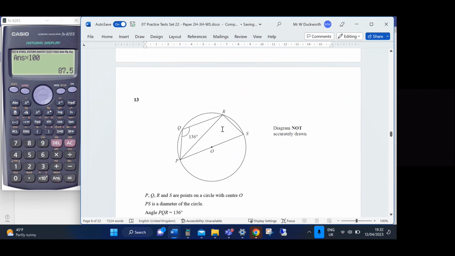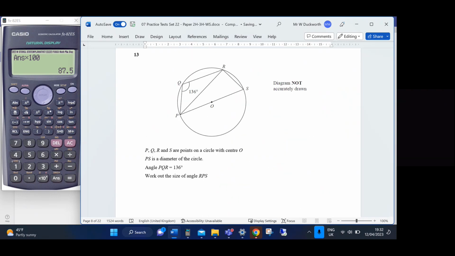Okay, question 13 then. We've got P, Q, R, and S are points on a circle with center O. PS is the diameter of the circle. Angle PQR is 136. Work out the size of angle RPS.